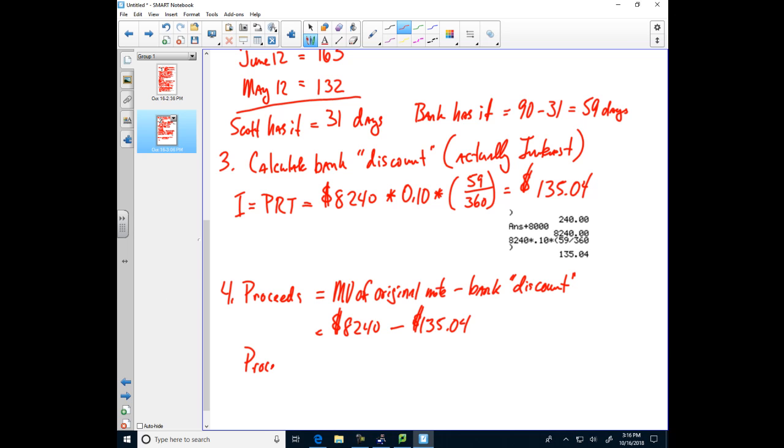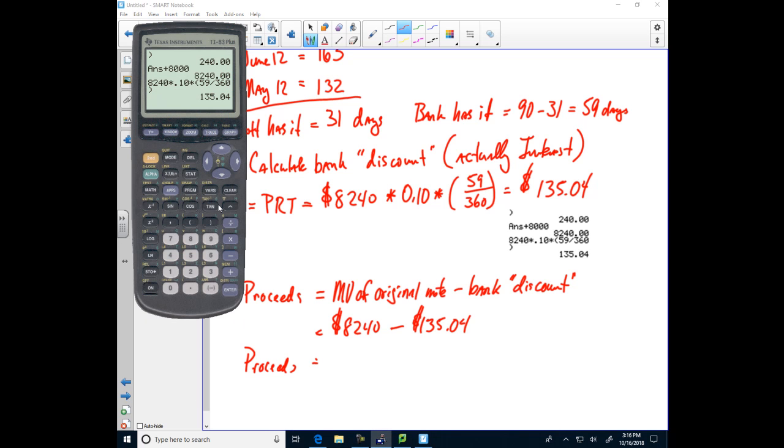So the proceeds is going to be, clear, 82.40 minus 135.04. Press enter.